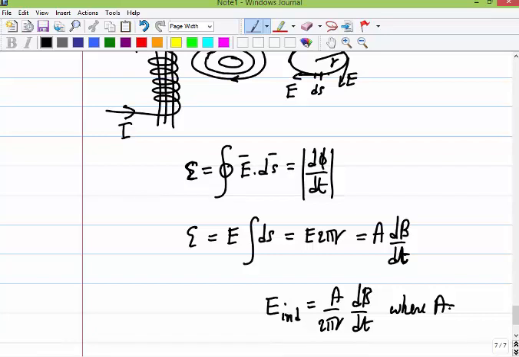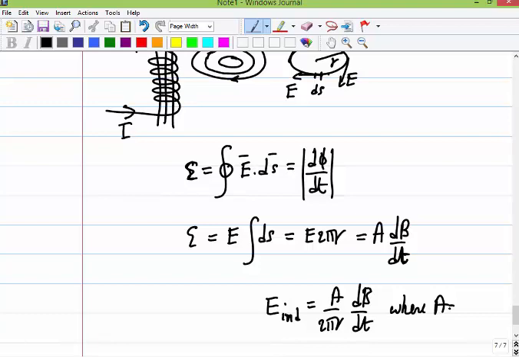Mu naught n I of t, where this is your I solenoid, which is equal to I of t, which is equal to I naught cosine omega t.